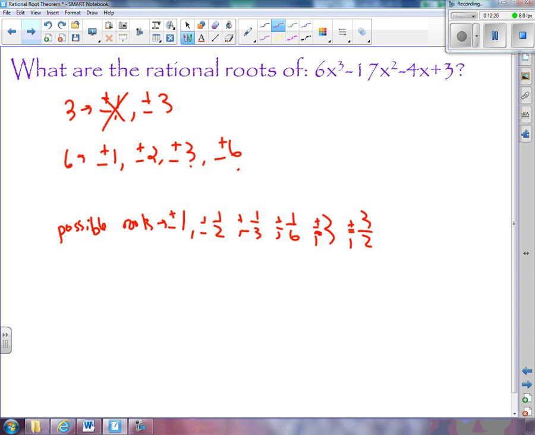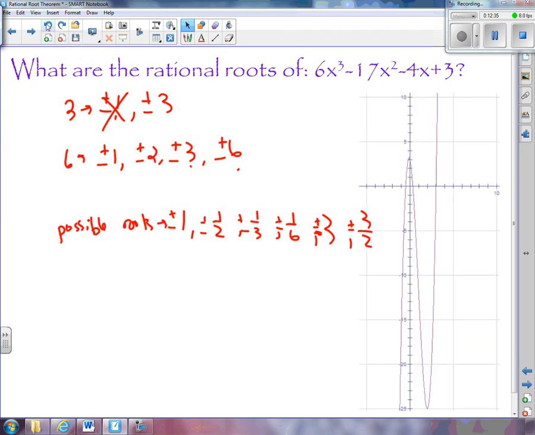But because that is very tedious, I'm going to give you guys a shortcut. I'm going to be very nice to you and allow you to just look at the graph. So I have the graph here for you. If you look at this graph, you can see that this polynomial has 3 zeros.